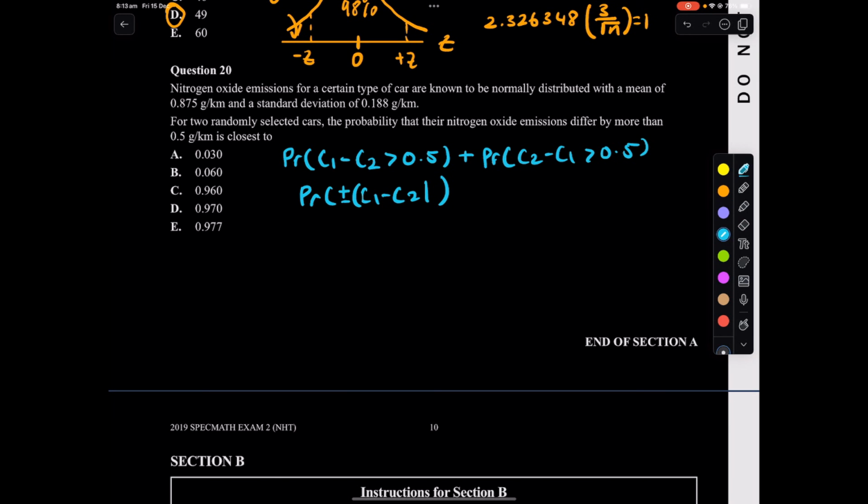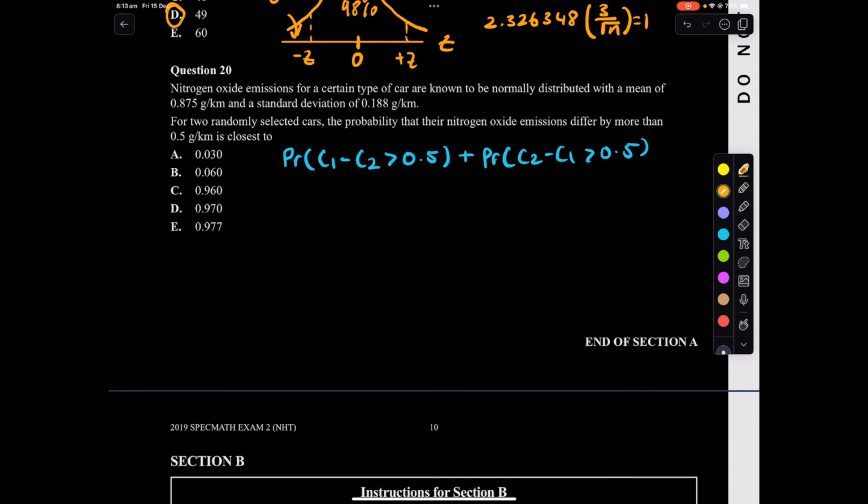So if you take the positive, it'll be car 1 minus car 2, and if you take the negative, it's car 2 minus car 1. So it's the same thing when you see those absolute values. But make sure to be careful. The question is very tricky in a way, because they haven't told you which car, so you need to take both cases.